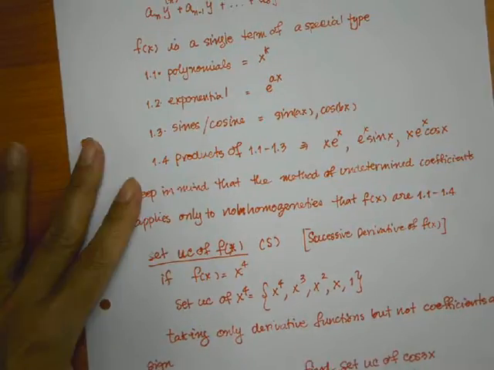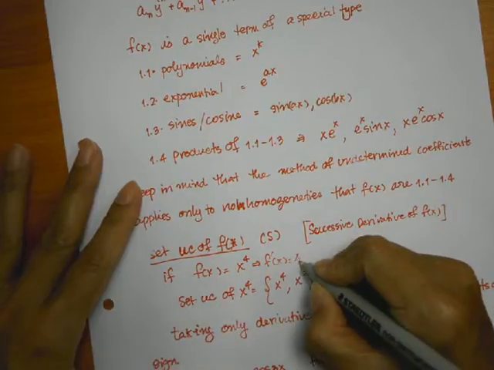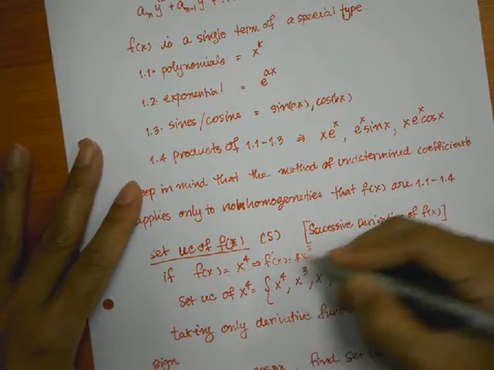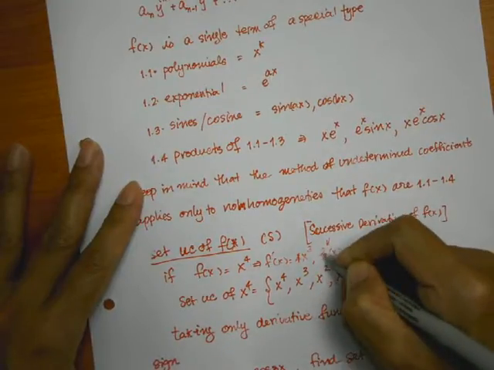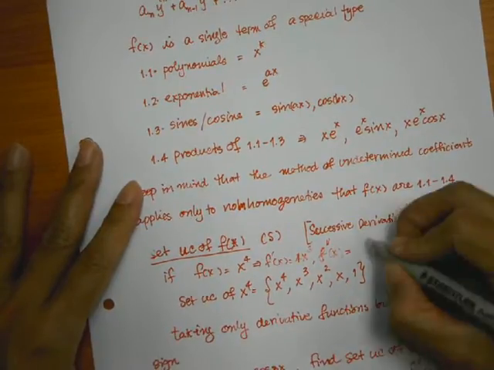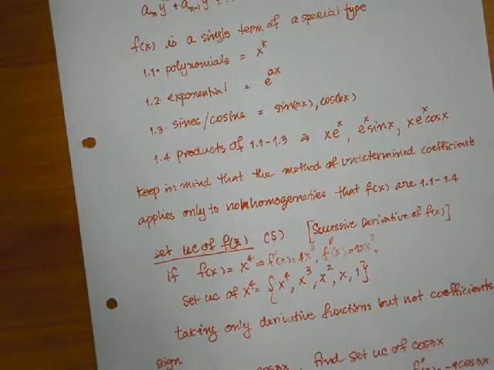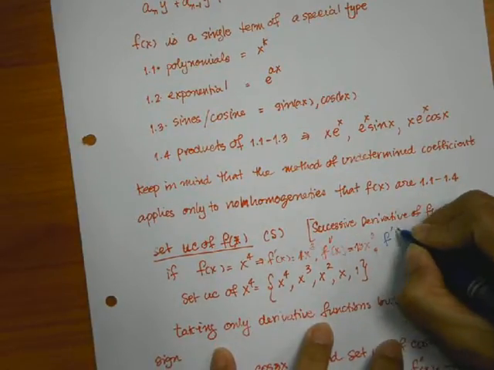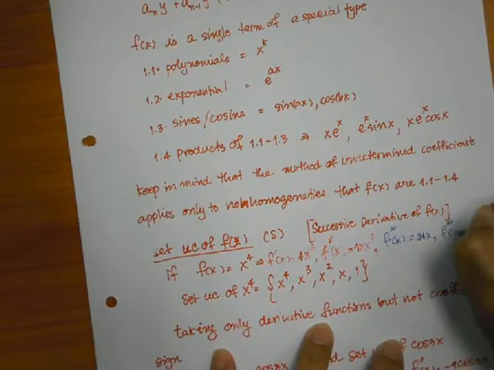The first derivative of this f(x) is 4x to the power 3. The second derivative is 12x squared. The third derivative is 24x, and the fourth derivative is 24.